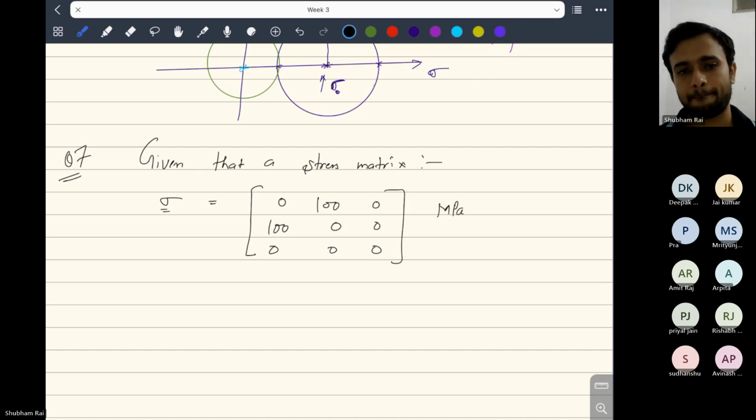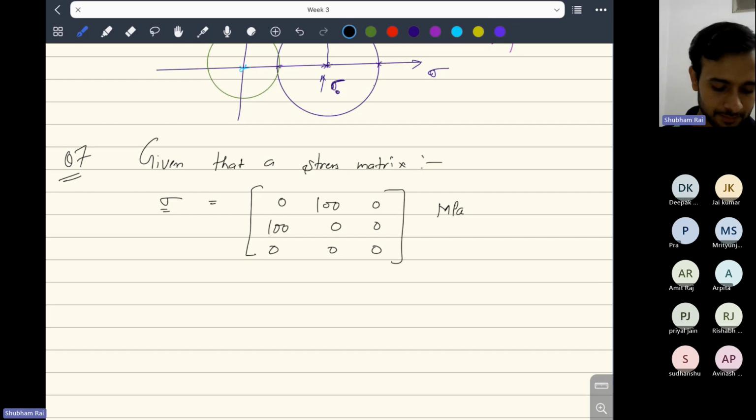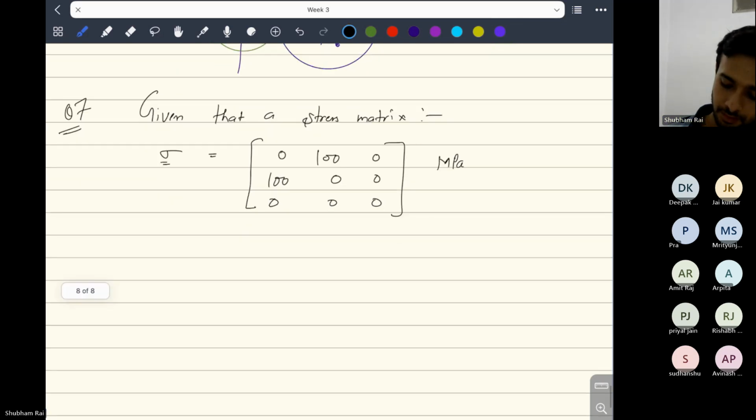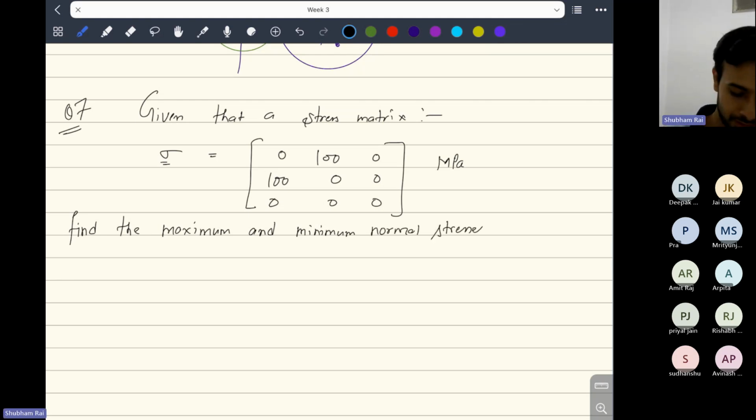Now you have to find the maximum and minimum normal stresses and the planes on which they act.